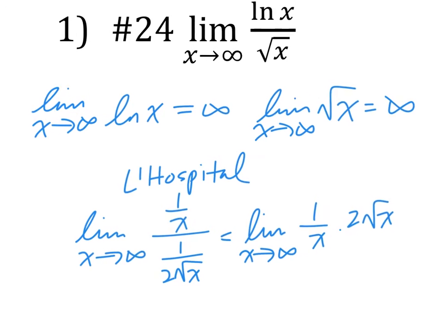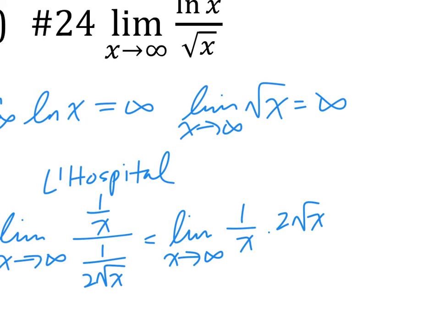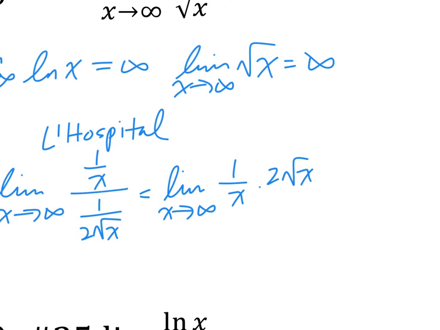Okay, now we can plug in infinity right now if you want to just evaluate, or we can do one more step and make it very clear why it is going to be 0. So in the numerator, it's x to the 1/2. In the denominator, it's x to the 1st. So 1/2 and 1, that means it goes to the denominator like this, right? 1 minus 1/2 is 1/2 in the denominator. Okay, now if you plug in infinity, 2 over infinity is 0.